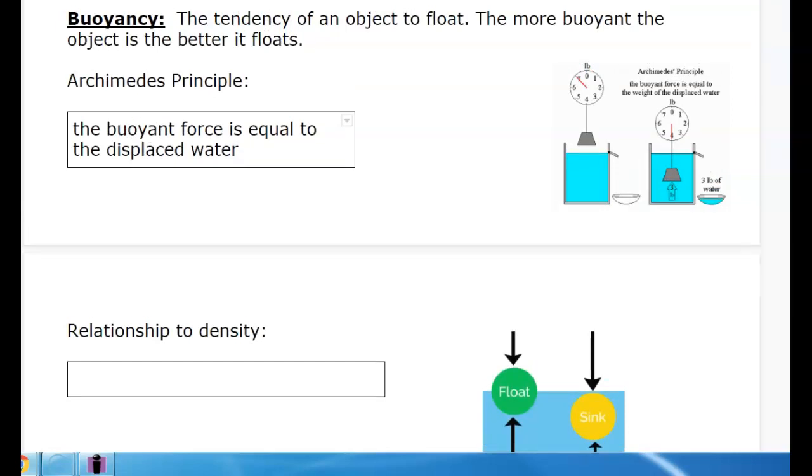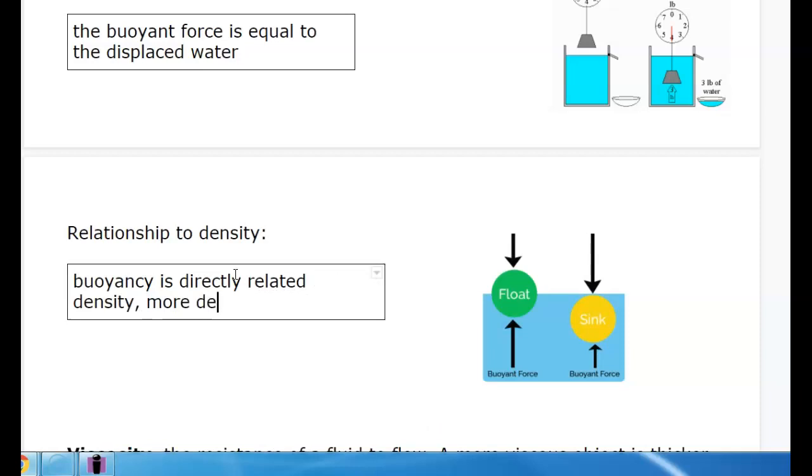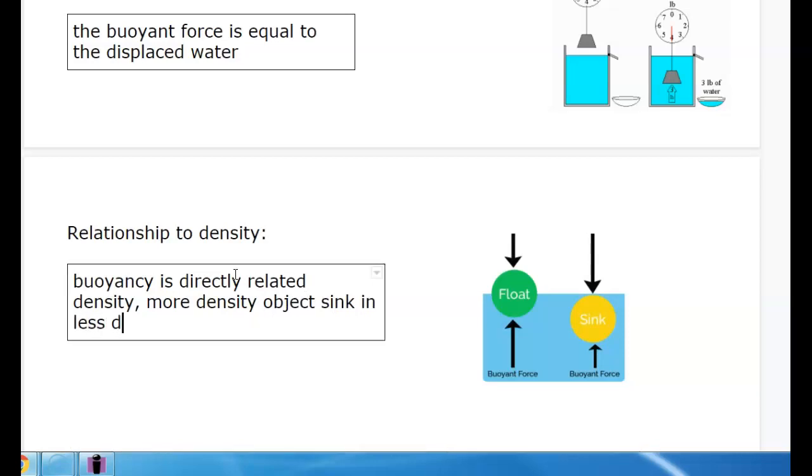There is always an upward force that the liquid has on the object, as well as the downward force of gravity of the object. But we want to know what is buoyancy's relationship to density, and we have to say that buoyancy is directly related to density. In other words, more dense objects sink in less dense liquids.